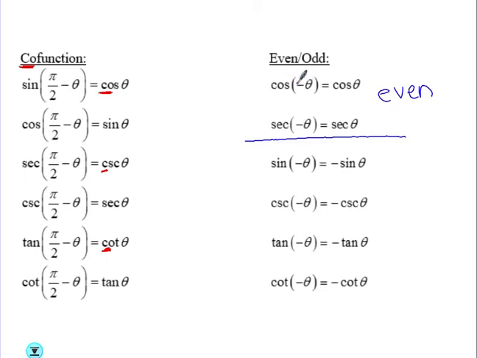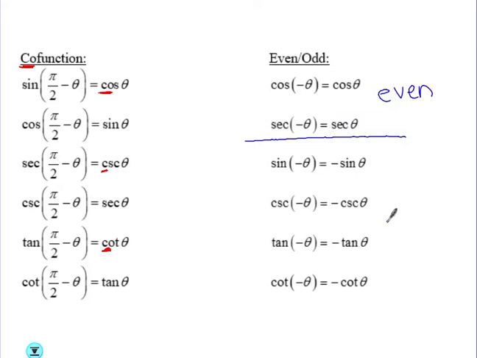When you take negative theta and take either the cosine or the secant of that angle, that is the same as cosine or secant of the positive angle. As we discussed earlier in the year, even functions are symmetric over the y-axis. So if you look at the graphs of these functions, they are symmetric over the y-axis.